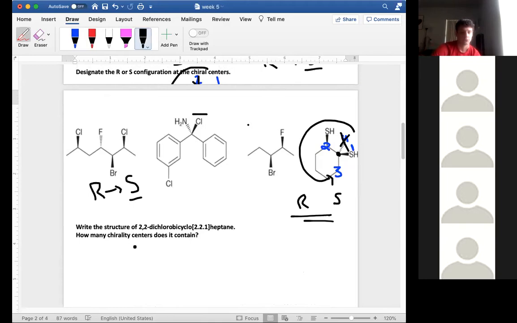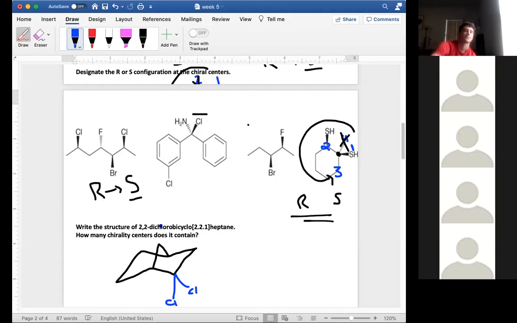So again, I'm just going to draw this for you guys. This is our staple here, our 2,2,1 heptane. And you have 2 chlorines coming off of the same carbon.